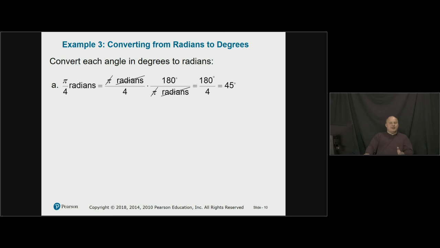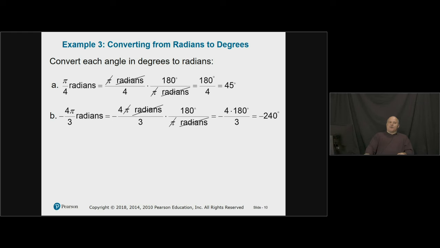What I'm saying is, as we progress through this course, when somebody tells you the angle is pi over 4 radians, you're going to know what that angle is before too long, without having to convert it to 45 degrees. But for right now, you're going to have to figure out what pi over 4 is in the language you know, which is 45 degrees. So they are equivalent.